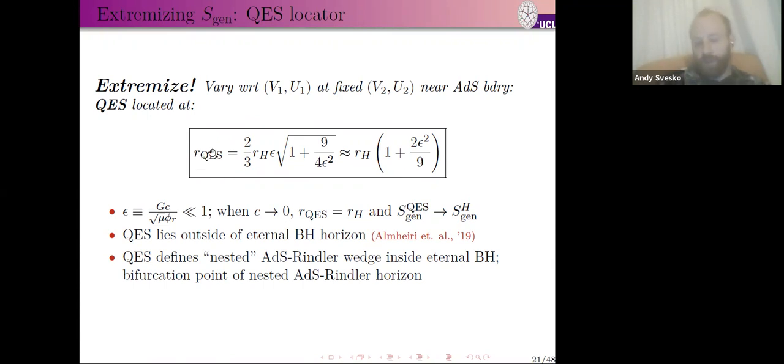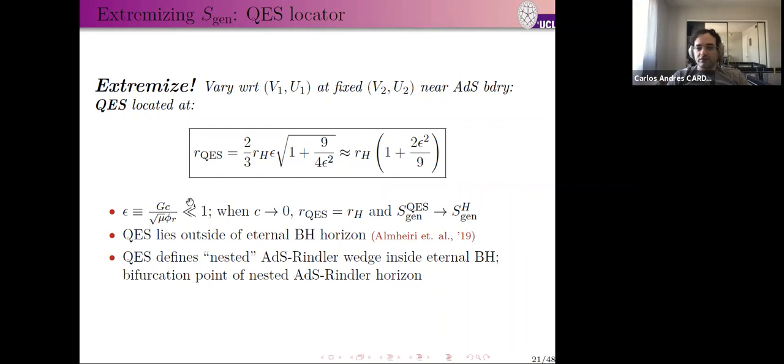Here, this is the radial position in Schwarzschild coordinates of the QES. And this epsilon is some small parameter I've chosen, proportional to G times c, such that when c goes to 0, the position of the quantum extremal surface just coincides with the horizon.